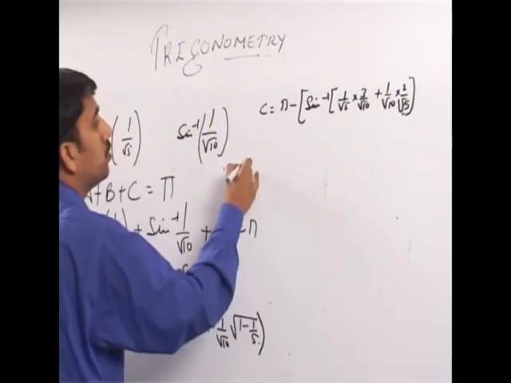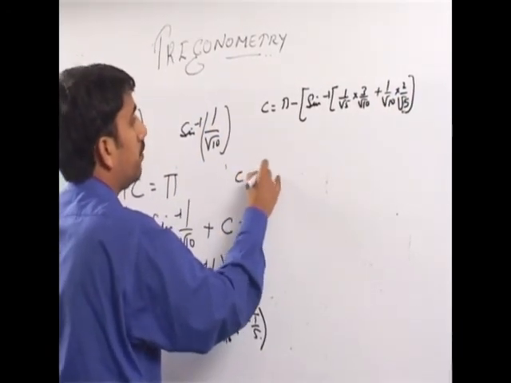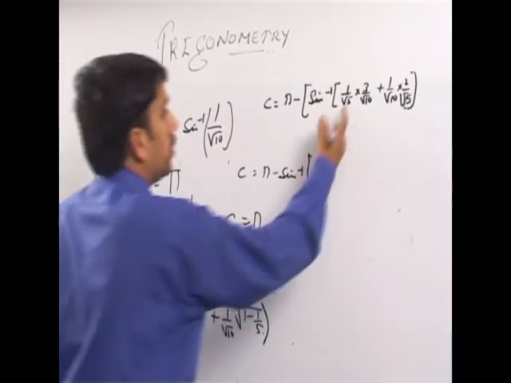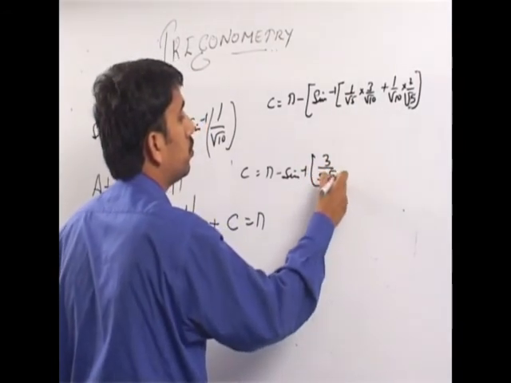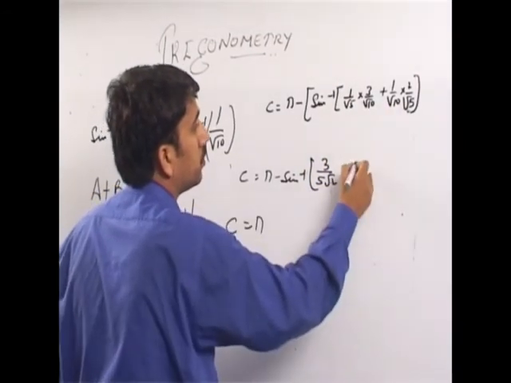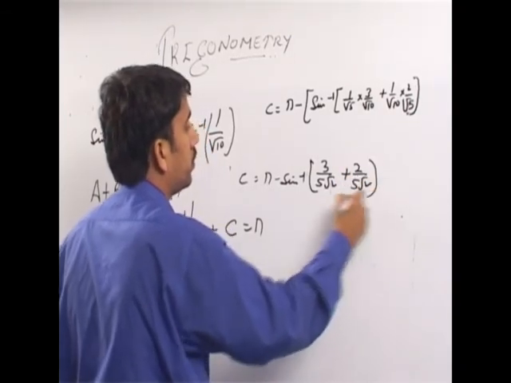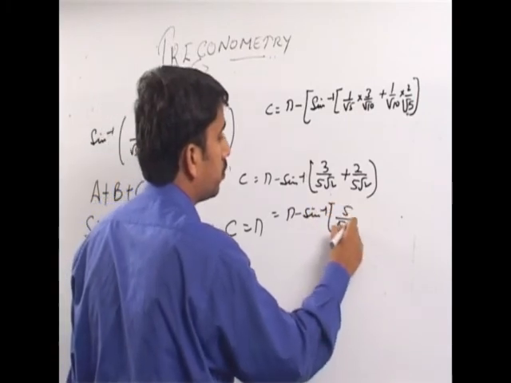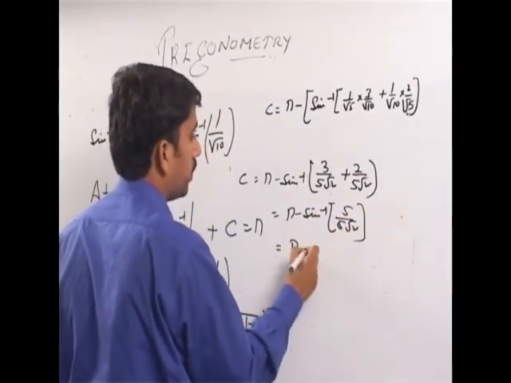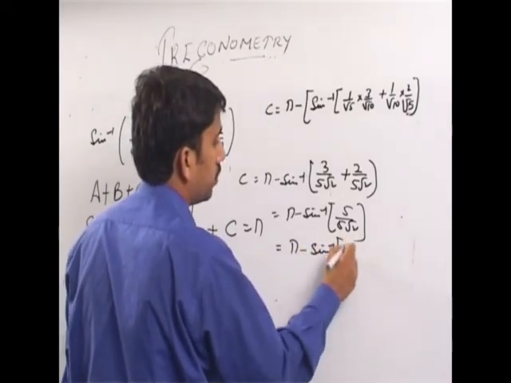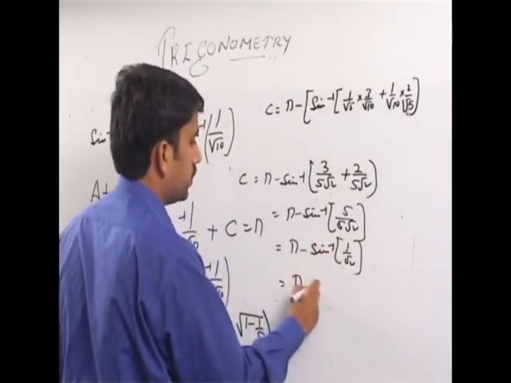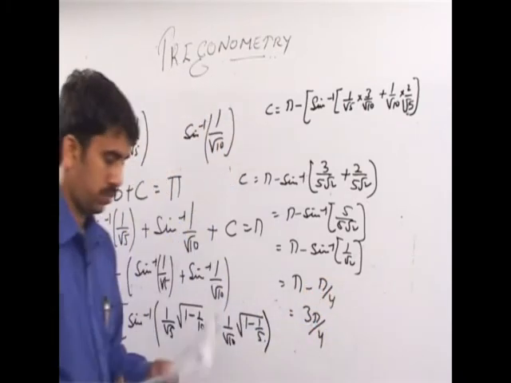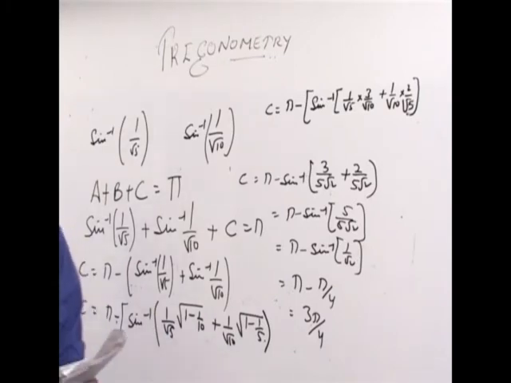Now this will be equal to pi minus sine inverse of 3 by 5 root 2 plus 2 by 5 root 2, which is pi minus sine inverse 5 by 5 root 2. This will be pi minus sine inverse 1 by root 2. Now pi minus pi by 4 gives you 3 pi by 4. This is the third angle which you will get.